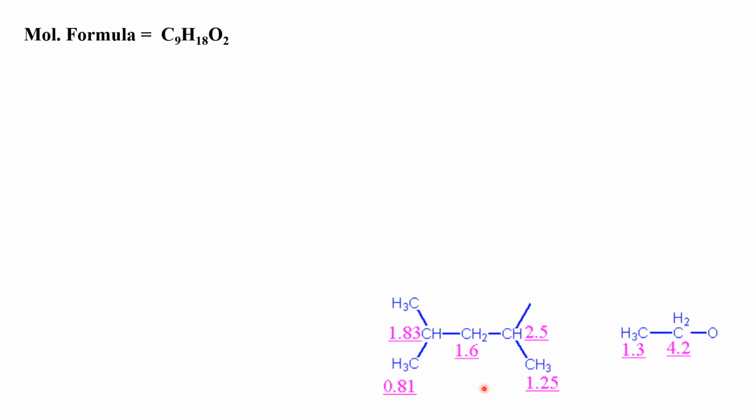With these two fragments, let us calculate the missing part. Molecular formula is C9H18O2. So far, we have taken care of 8 carbon, 18 hydrogen and 1 oxygen. If you do the subtraction, we are left with 1 carbon and 1 oxygen.